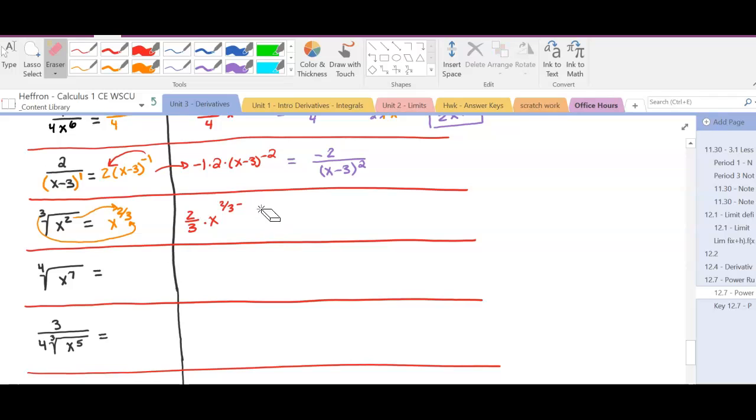I'll rewrite 1 in the form of 3 over 3, and I'll get 2 over 3 x to the negative 1/3, or 2 over 3 x to the positive 1/3 in the denominator, or 2 over 3 cube root of x.